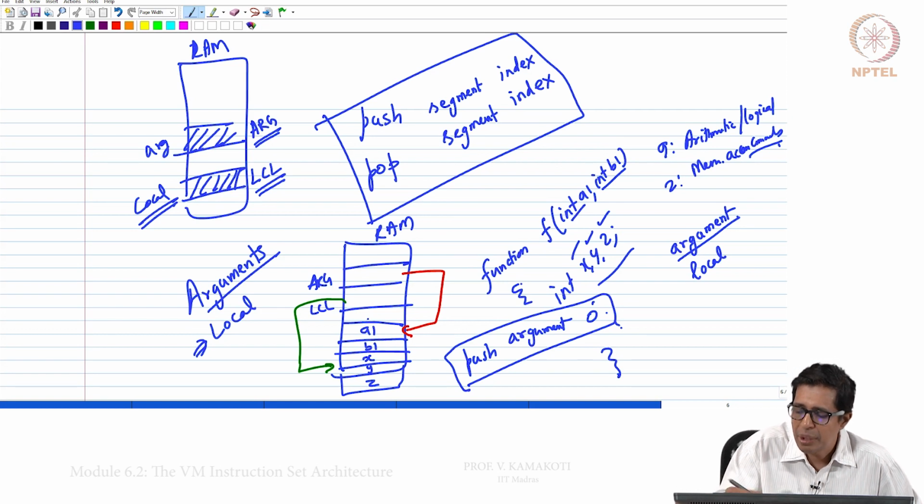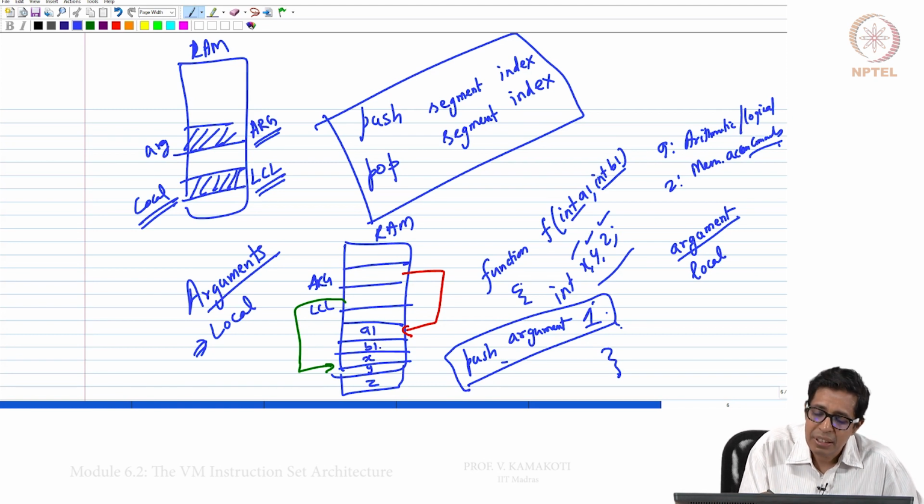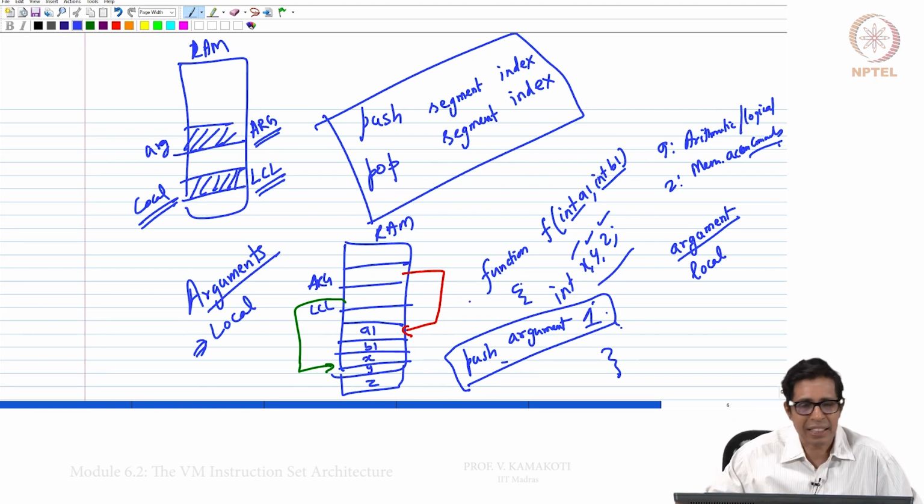Suppose I say push argument 1, that means go to the argument segment, go to index 1, that is B1, and push the value of B1 onto the stack. So that is what we mean by segment and index within that segment.